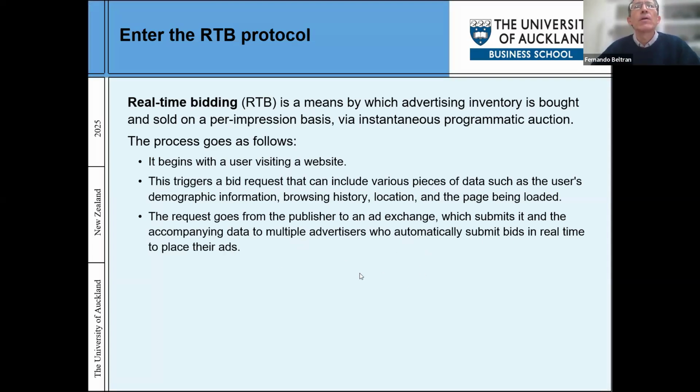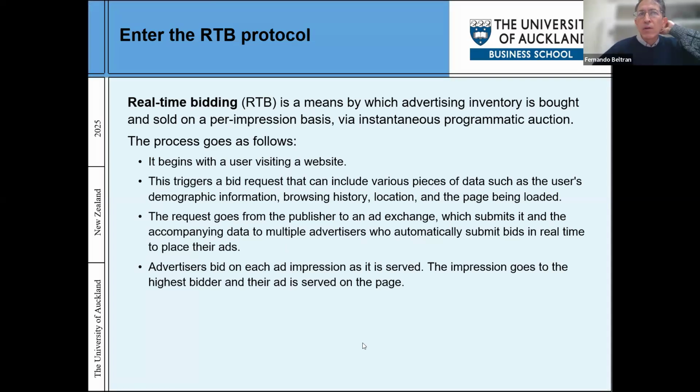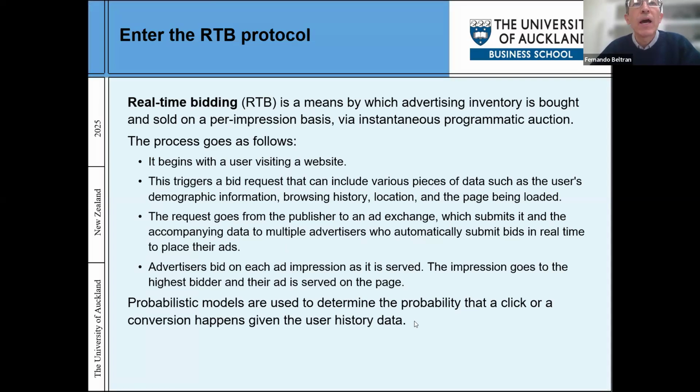The exchange submits it, and the accompanying data, to multiple advertisers who automatically submit bids in real time to place their ads. Those advertisers bid on each ad impression directly on the ad exchange or through companies like Moloco Ads. And that's how it happens.